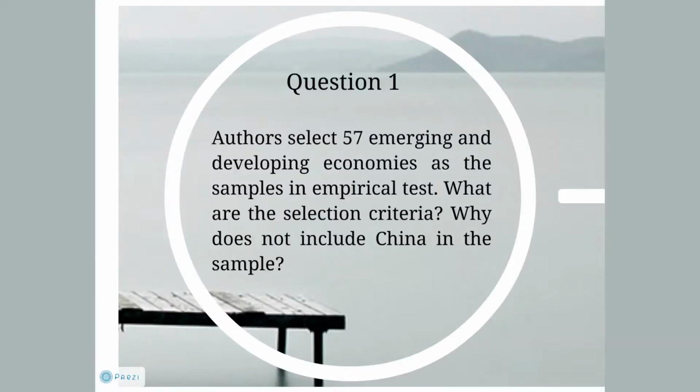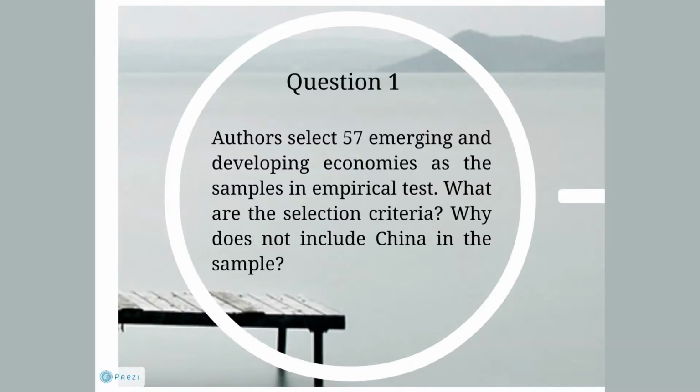When I read this paper, I encountered some questions. I think most readers may also meet these kinds of questions. So question 1: the authors use 57 emerging and developing countries in the sample, but I want to know what the selection criteria are. Why 57?